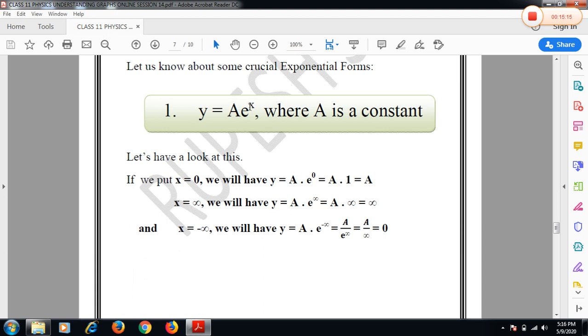Now let us put x equals infinity. So what do we have? y equals a into e to the power infinity, that is a into infinity equals infinity. Now if we put x equals minus infinity, we will have y equals a into e to the power minus infinity equals a by e to the power infinity equals a by infinity, which results in 0.